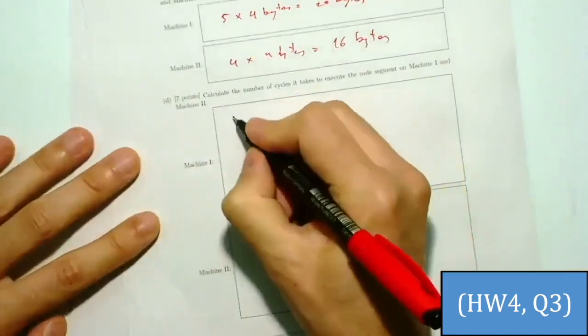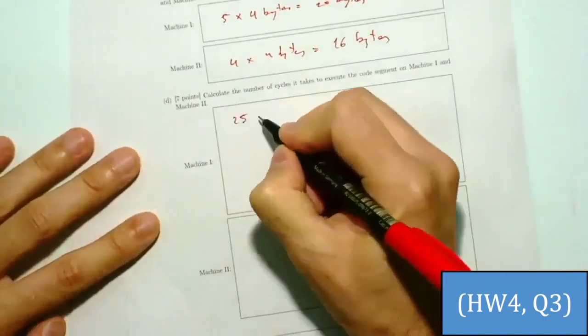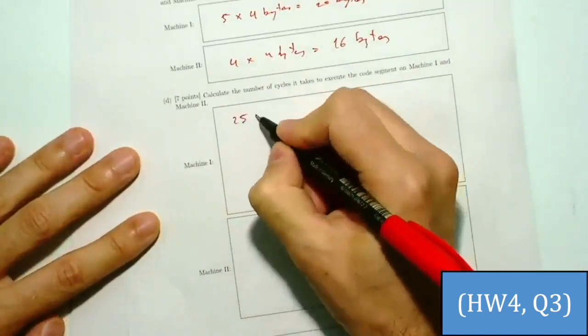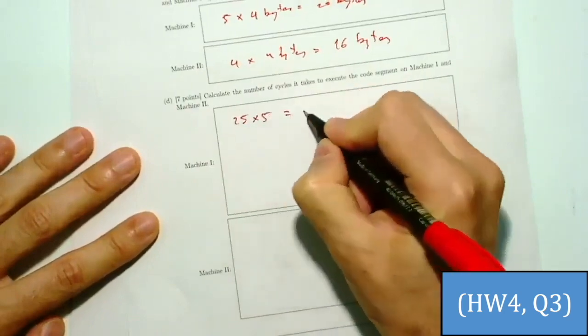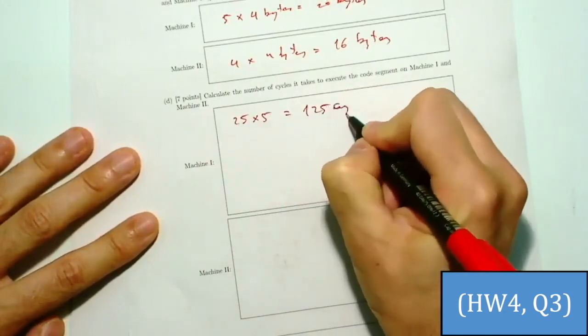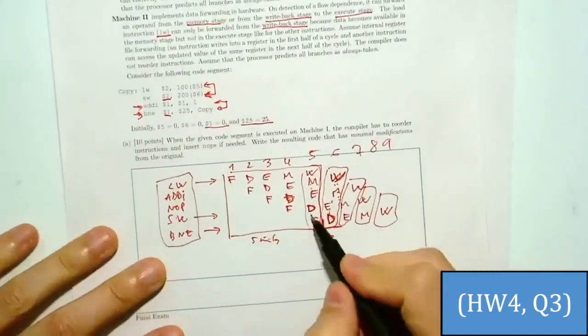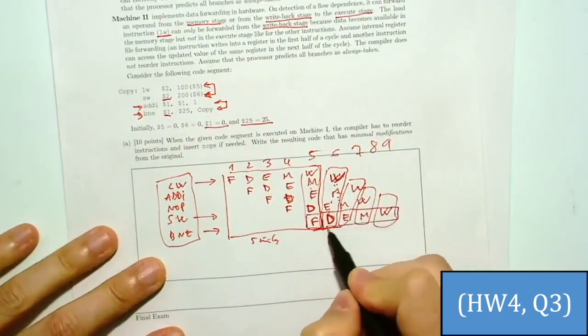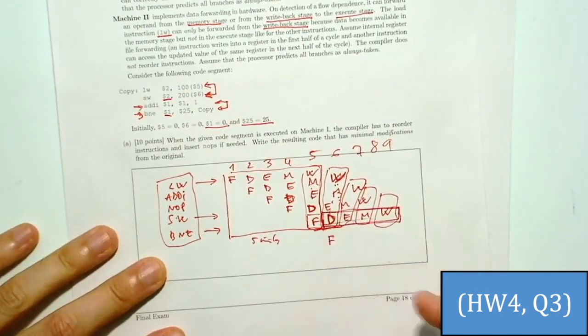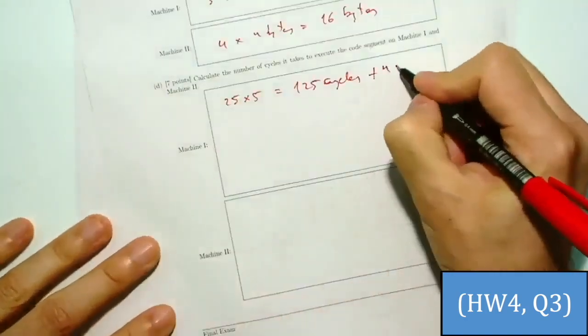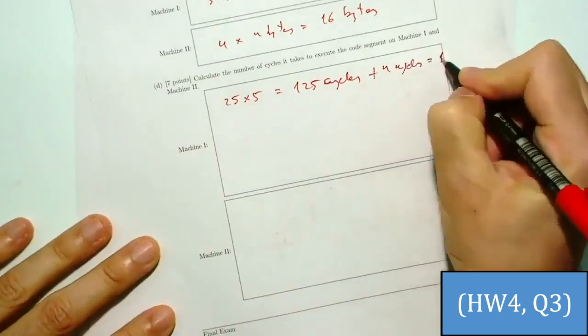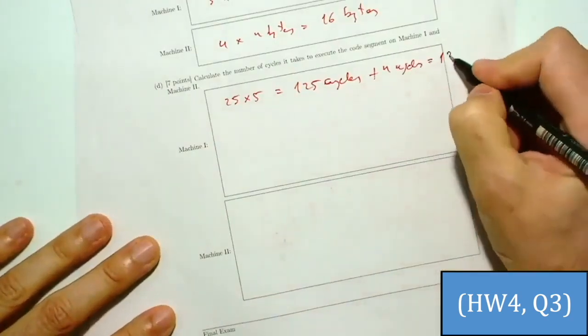As we have 25 loops, and we can start 5 instructions per loop, we have 125 cycles. But in the last iteration, we have to finish. So imagine this is the last instruction. We have to execute the final pipeline stages, which are additional cycles, plus 4 cycles. So, 129.